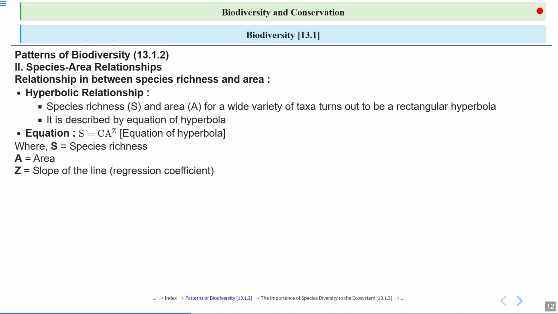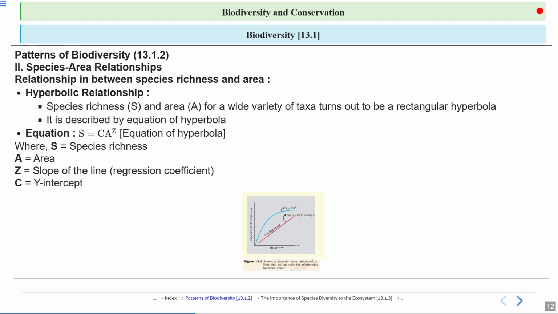If Z is lower, that means this increase in the number of species is slower. A higher Z value means the species richness is increasing at a higher rate, and if the Z value is low, then this increase is slower. C is the y-intercept. Okay, clear?